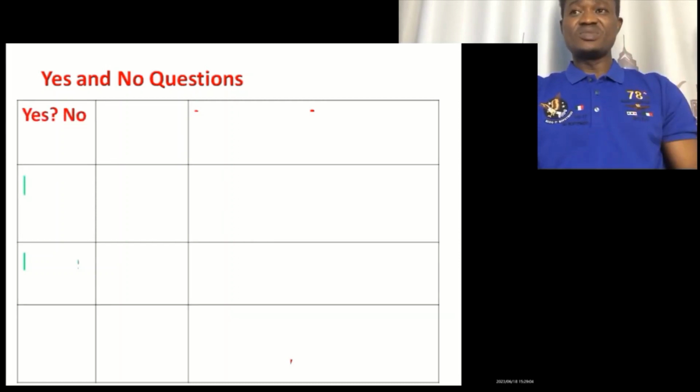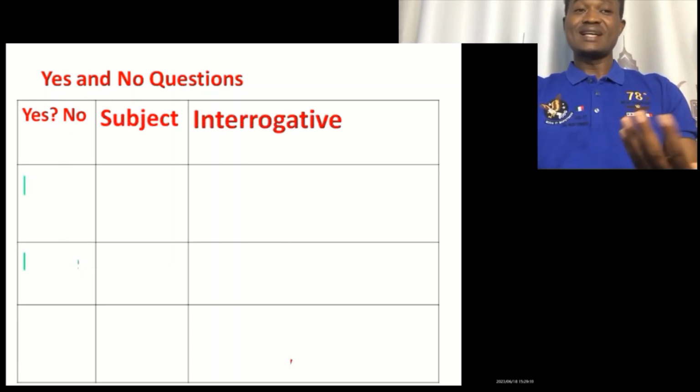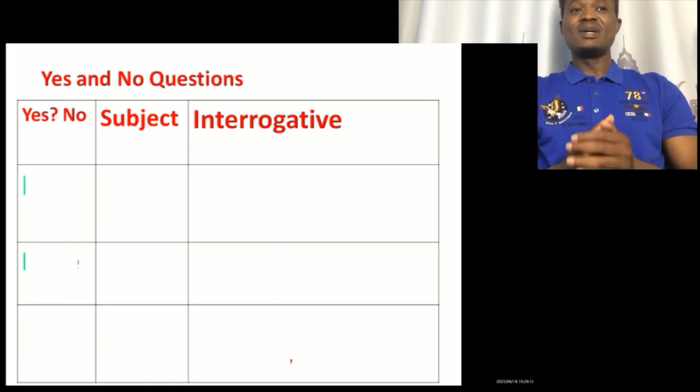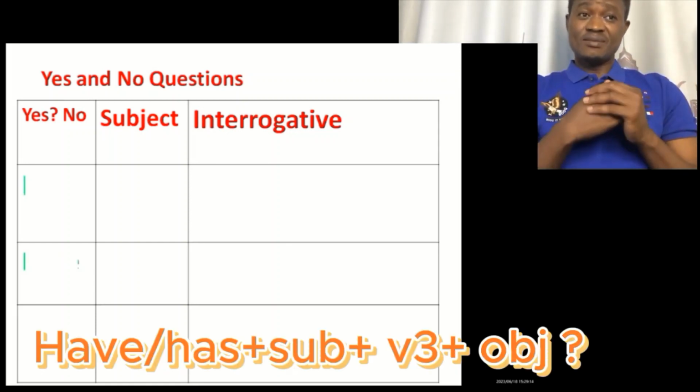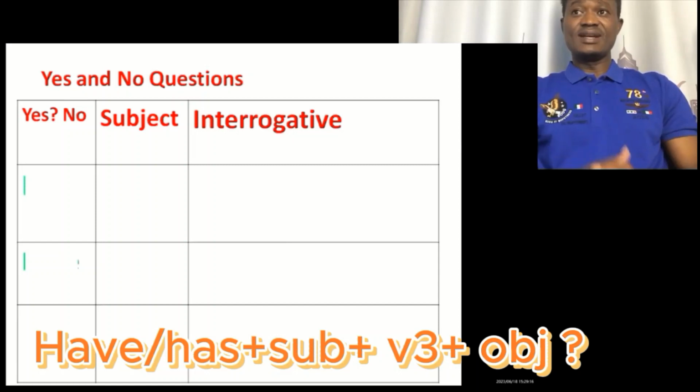All right, so we have the subject, then we have the interrogative sentence. When you're asking a question, we use the auxiliary verb first, followed by the subject, plus the V3 verb, plus the object.